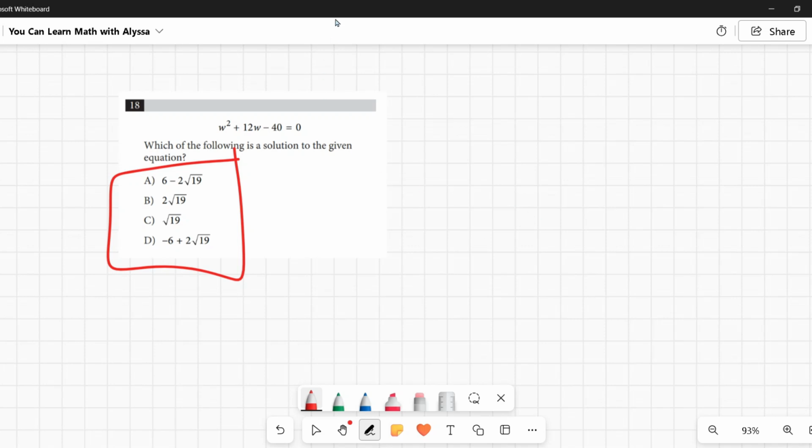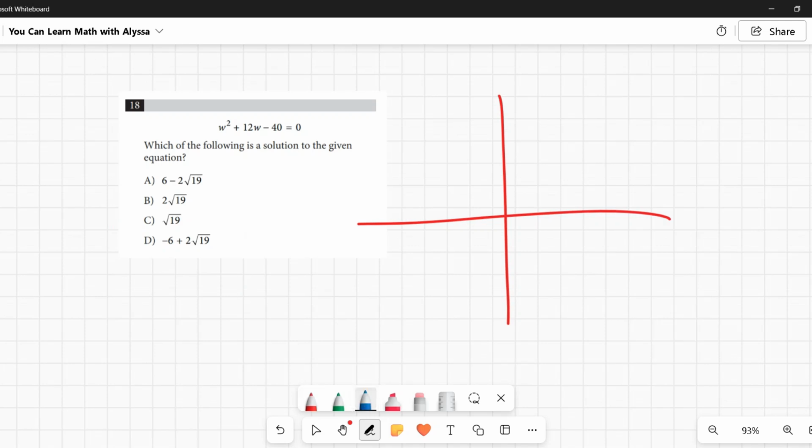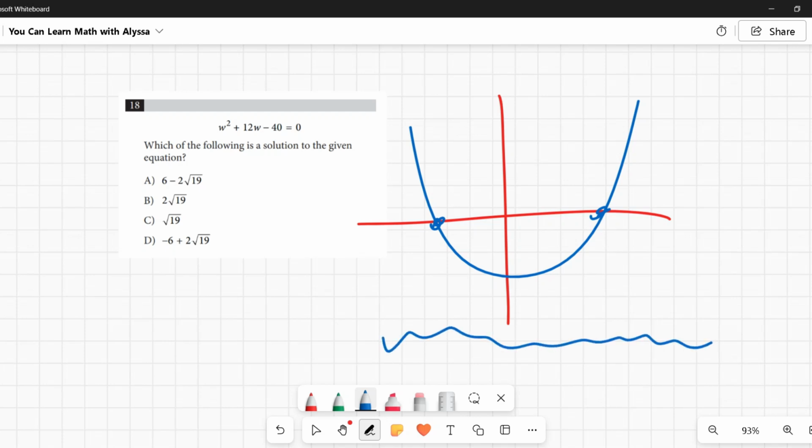So when you go to graph it, you're going to be looking for a parabola, and it's going to cross the x-axis somewhere, and those points of intersection are going to be your answer. You're going to get this irrational, non-repeating decimal, because it's a square root of 19.